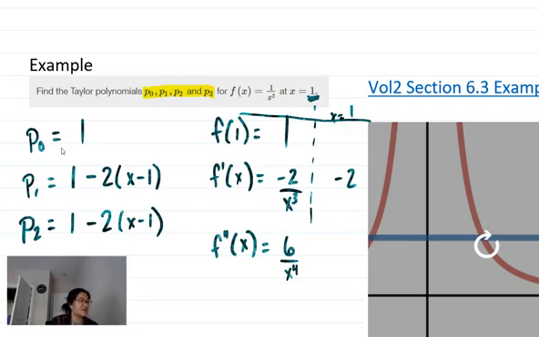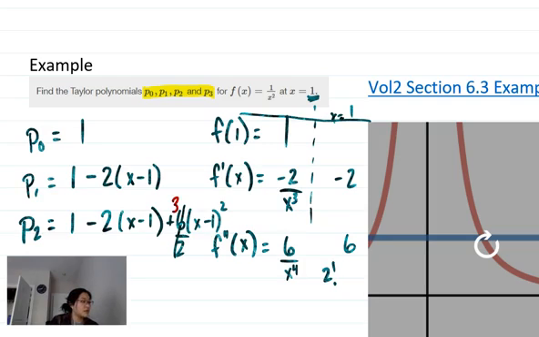And so then we have this evaluated at 1, so we have 6 here. And so we have a plus 6 times x minus 1 squared, and we've got to divide by, which derivative are we taking? Our second derivative, so 2 factorial, which is 2, so I'm just going to be really lazy and write that as a 3.